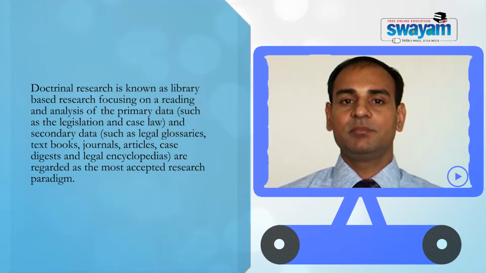Doctrinal research design is a design which is commonly used to study the facts in a library or through participation in all those activities where the information comes from a credible source.